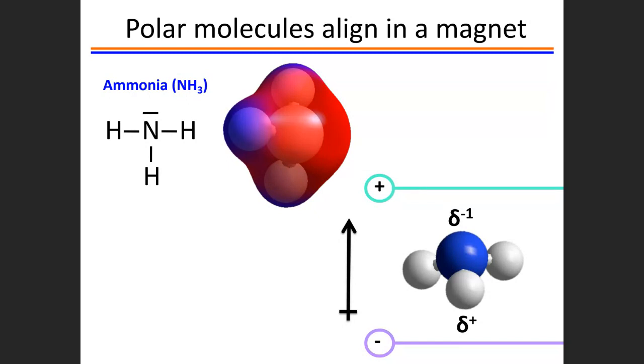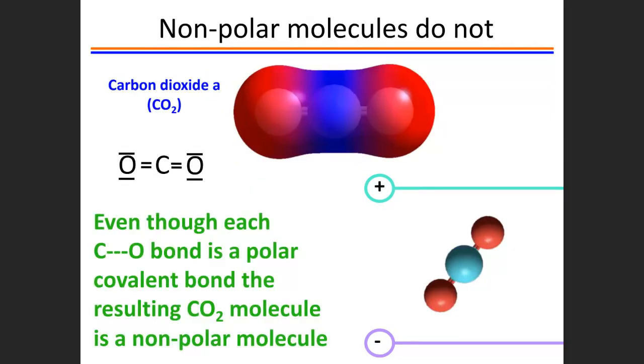Obviously here, nitrogen is more electronegative than hydrogen, and this is polar. Here, the carbon-oxygen bond is a polar covalent bond, but the resulting carbon dioxide molecule is nonpolar. Here is the thing we need to see: though oxygen is more electronegative than carbon, when they make the double bond, somehow their affinity and distance are not enough to make it polar. That's why this is nonpolar.